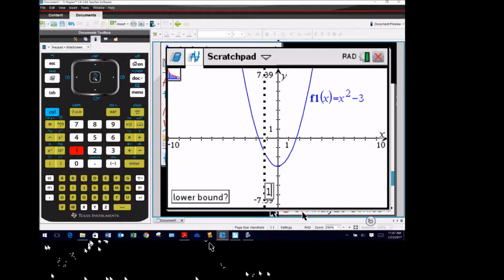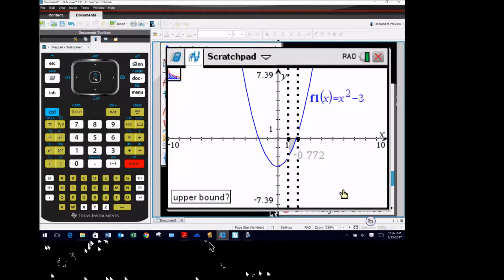Bam, I typed in a 1. When I hit enter, it's going to lock that in. For a minute there, I thought I typed in -1, but I'm okay. And your upper bound is there at 1. And if I move this over to the other side, you can see now the question becomes lower bound. It's kind of interesting.